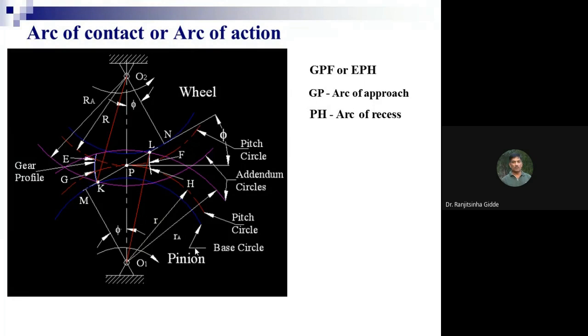The arc of contact is the path traced by a point on the pitch circle from the beginning to the end of engagement of a given pair of teeth.